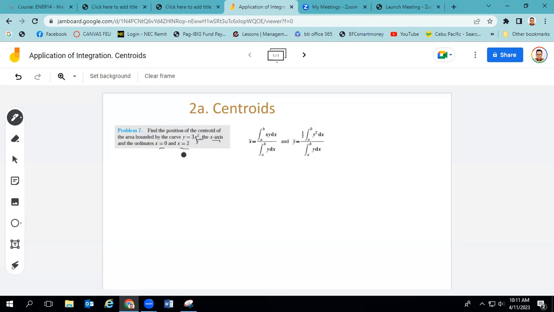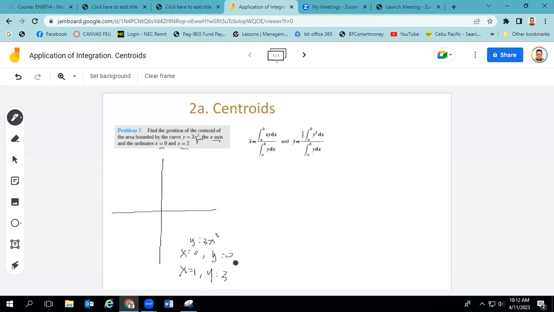But if you fail to remember this, you can plot the curve by assigning values. When x is equal to 0, from this equation y equals 3x squared, y is equal to 0 as well. When x is equal to 1, substituting 1 squared times 3, y is equal to 3.